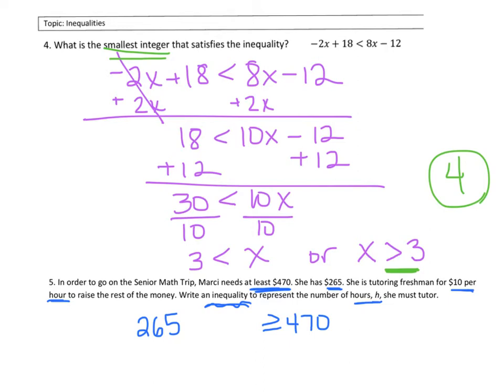Per hour is giving you an indication that that's where your variable is going to be stuck to that number, so 10H. And of course, if she is tutoring for $10 per hour, that's going to add on to the $265 she already has. So this is your inequality that you have to write for full credit: 265 plus 10H is greater than or equal to 470.